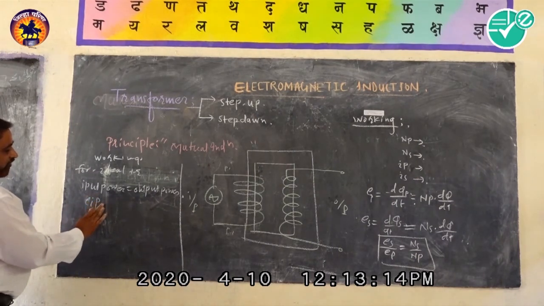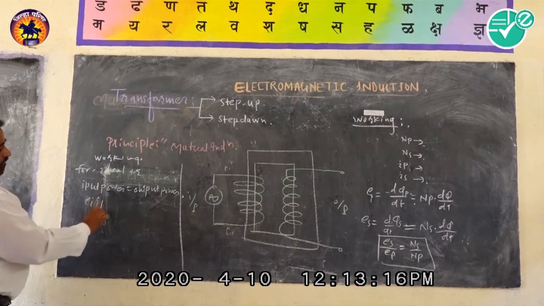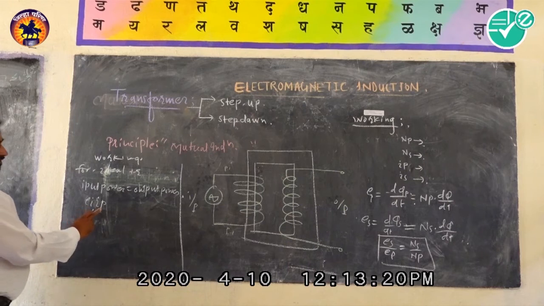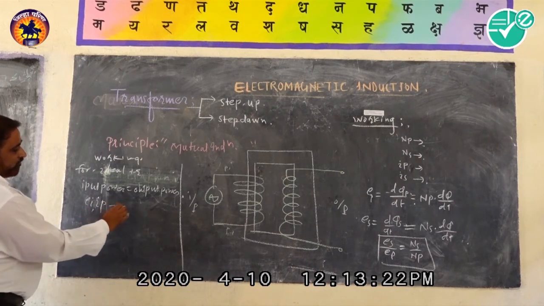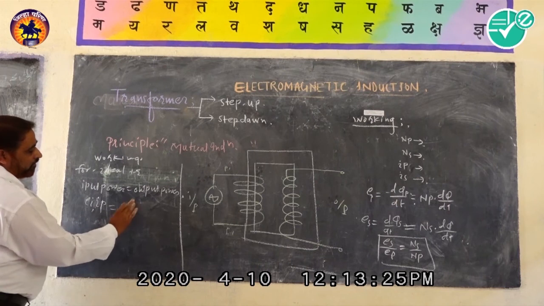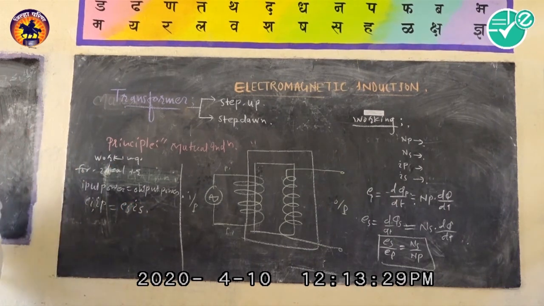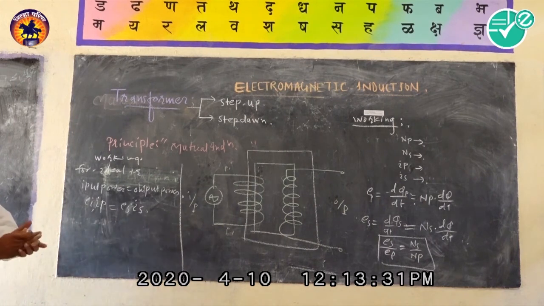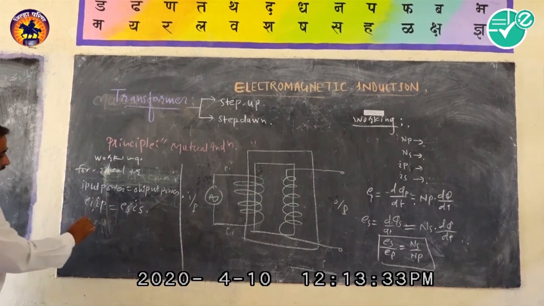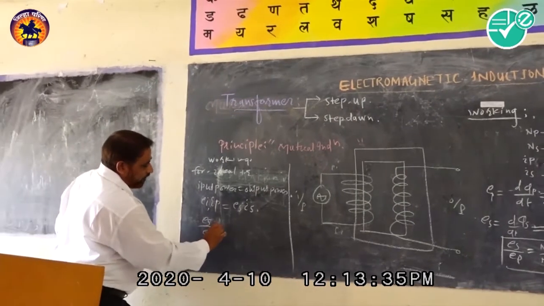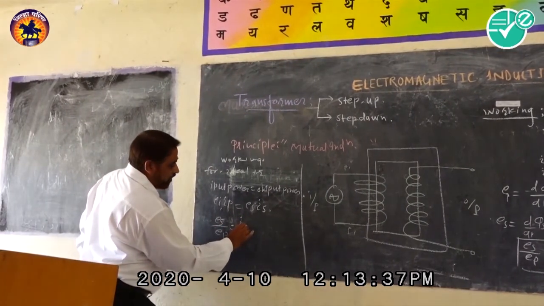It is the product of voltage and current. Voltage of primary and current of primary, EP IP, is equal to ES IS. So with this equation, ES by EP is equal to IP by IS.